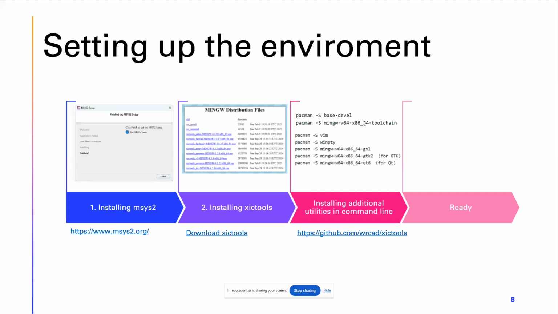Then we simply download the installer files of XIC tools, which is basically the graphical interface for WRSpice, but it's not a graphical interface like in LTspice. It doesn't plot any schematics. It can only plot the outcomes, the graphs of the quantities you want.